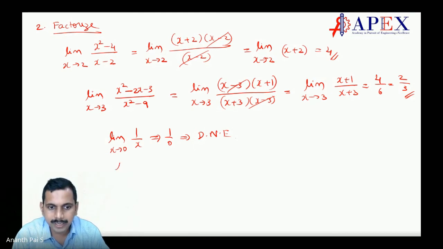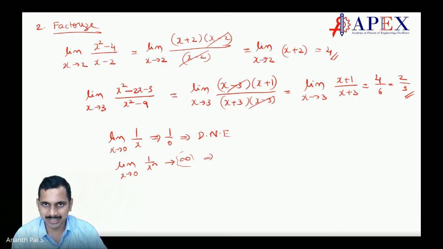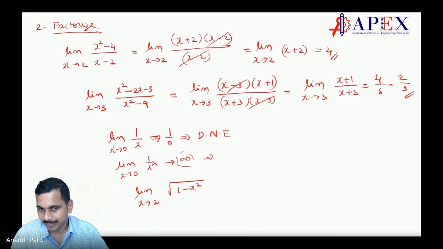Or you may get limit x tending to 0 of 1 by x raised to n. This will tend to infinity. You can say the value is infinity, or you can say it does not exist. Another case you may get is limit x tending to 2 of the square root of 1 minus x squared.